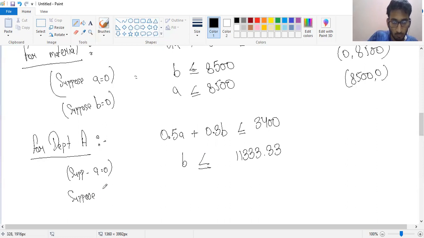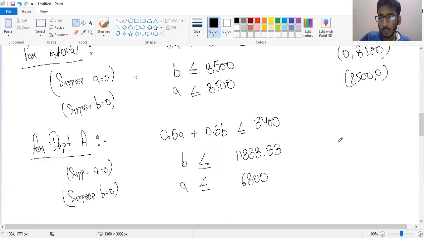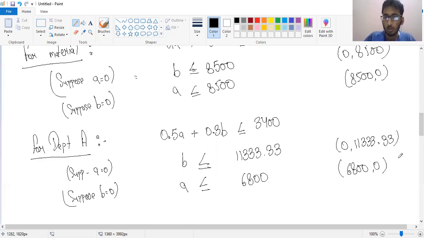Suppose B equals 0. Then the value of A would be 6,800. So I've created 2 points, 0, 11,333.33 and 6,800, 0, for the second line, department A.